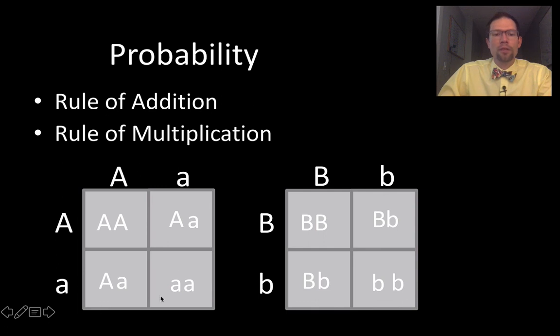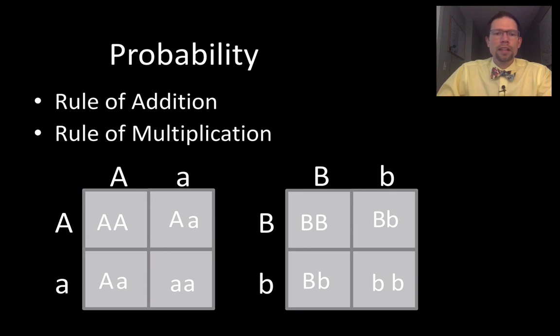So I have a 1/4 chance here and a 1/4 chance here, meaning that 1/4 times 1/4 is 1/16. I have a 1/16 chance of getting little a, little b, when I have parents that are big A, little a, big B, little b, and cross them.